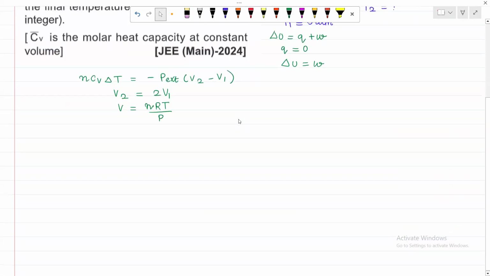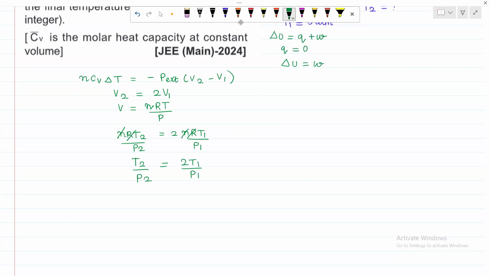Okay. So if we solve further, we can say that nRT2 by P2 is equal to 2 times nRT1 by P1. Okay. So let's just cancel it out. We cancel nR on both sides. It will be T2 by P2 is equal to 2 times T1 by P1, right?